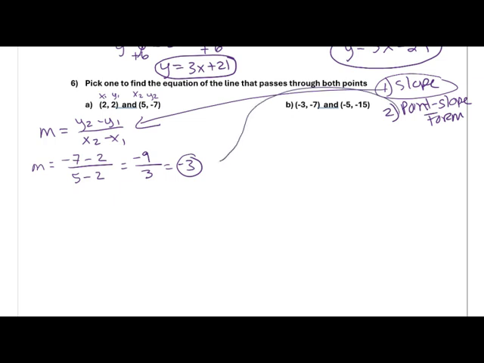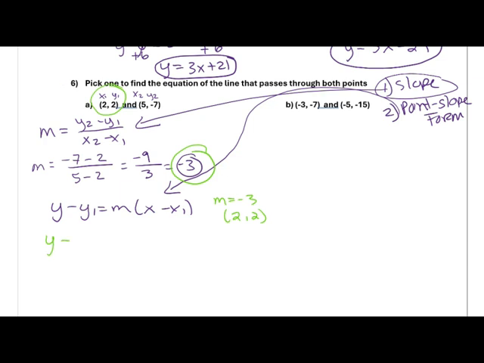But now I need to do point slope form, which is y minus y1 equals m times x minus x1. Okay, so when you do this one, you just pick whichever point you want. I'll do the first one since they're both positive. That will be the easiest. All right, and then I'm going to use this slope. So my slope is negative 3, and my point is 2, 2.